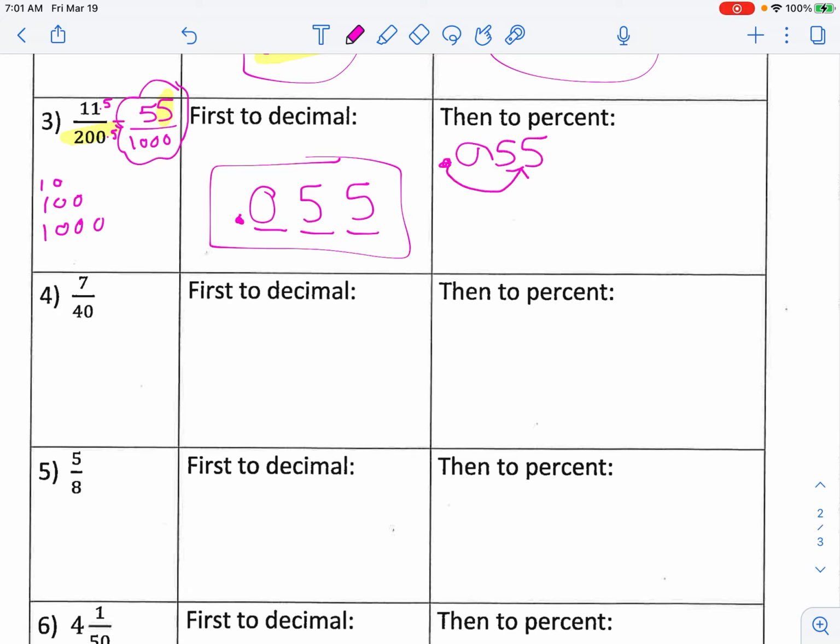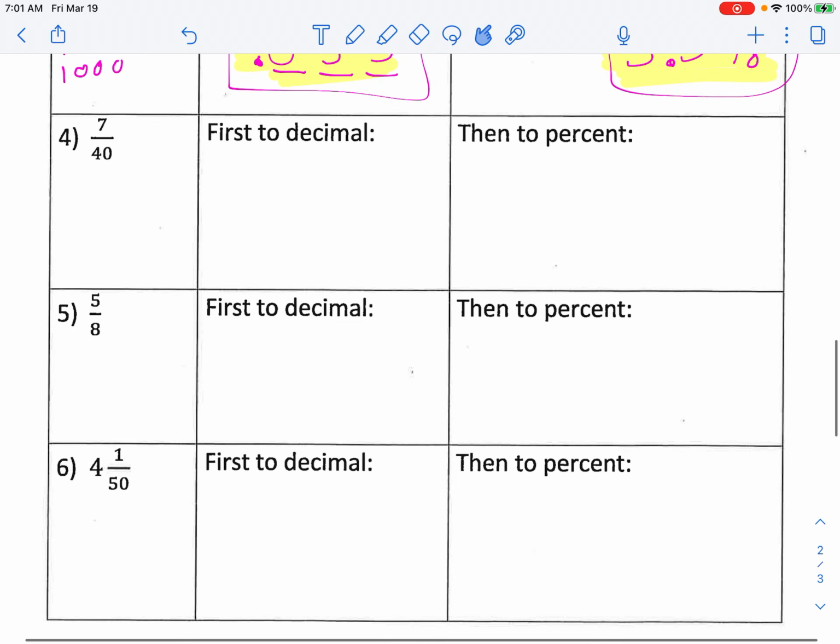So the percent would be 5.5%. That was a lot of work. So 11/200ths equals 55 thousandths equals 5.5%.